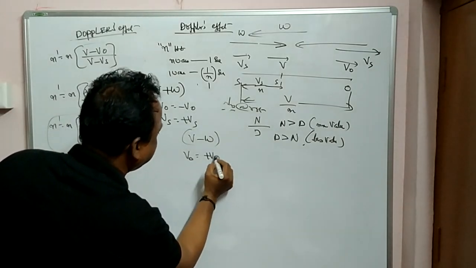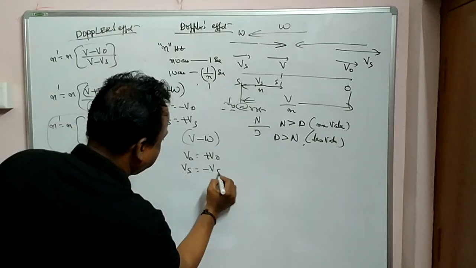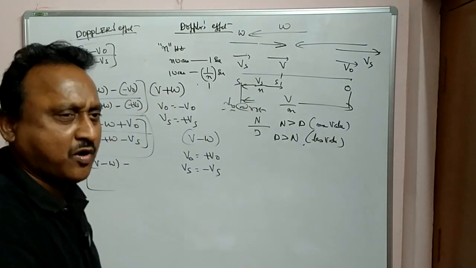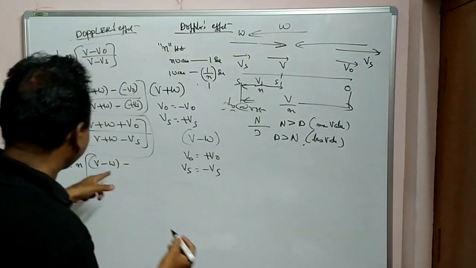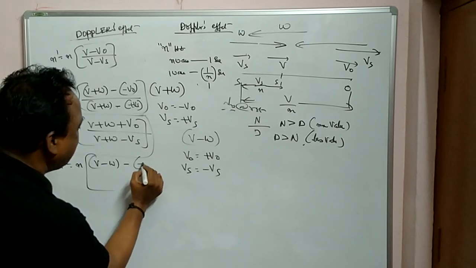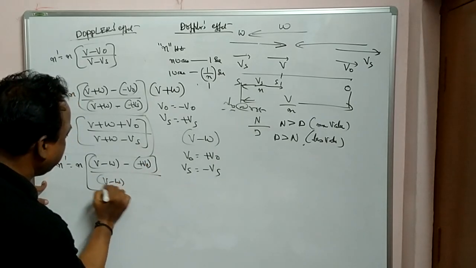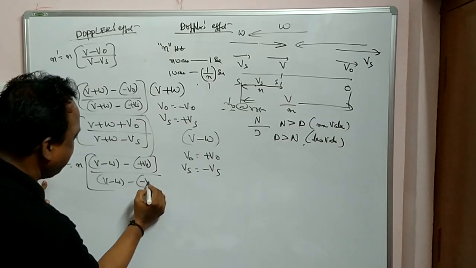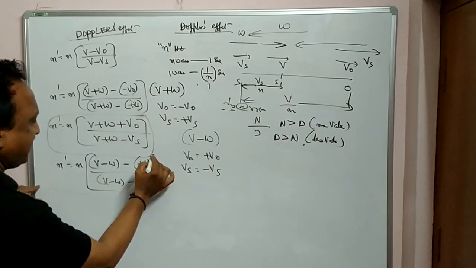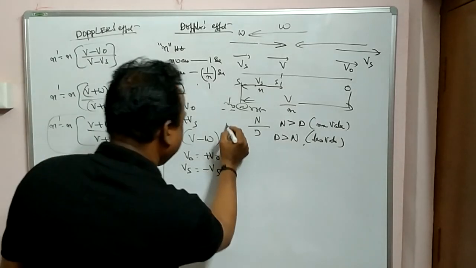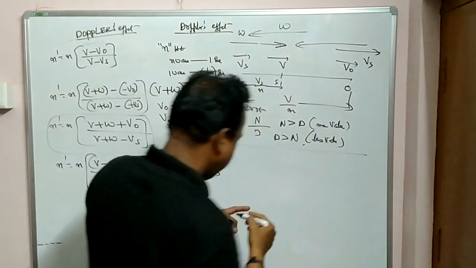Here it becomes v0. vs becomes minus vs, because the denominator should be more to get a decreased value. So then, minus plus v0 by v minus w minus vs, plus with minus vs. So when you substitute here, what happens finally?